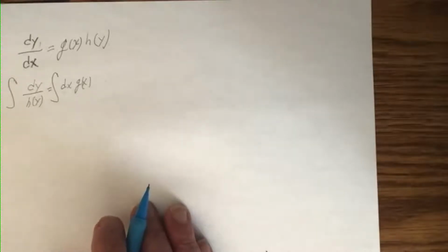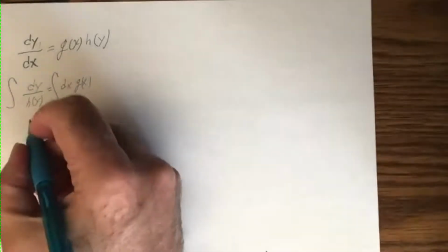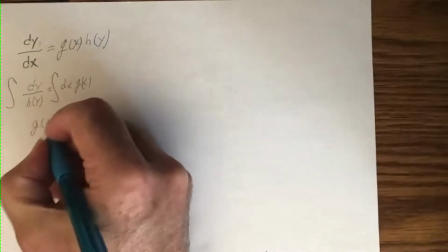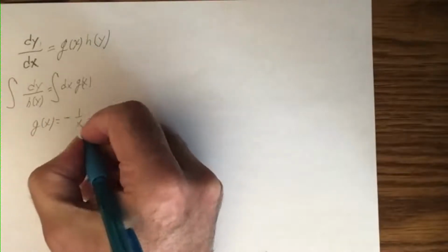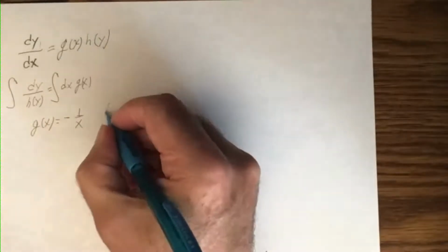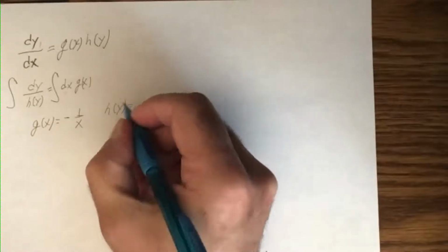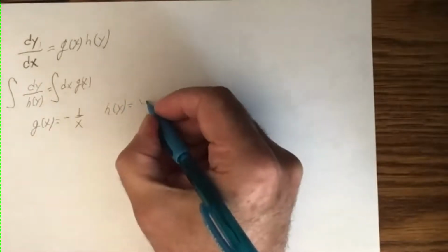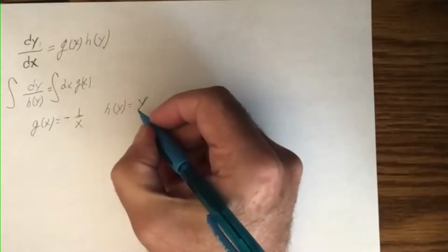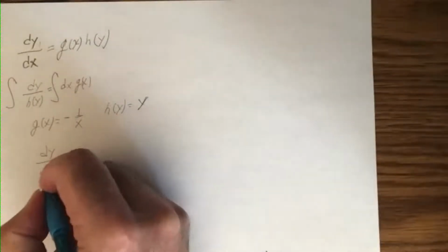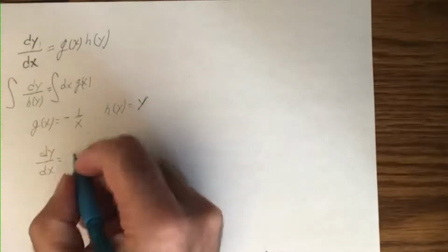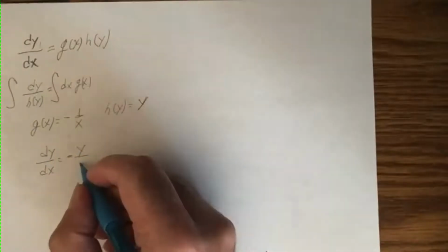Let me do an example. It's in my notes. Let's say that g of x is equal to minus 1 over x, and my function of y just happens to be y. Then the differential equation would just be dy/dx equals minus y over x.